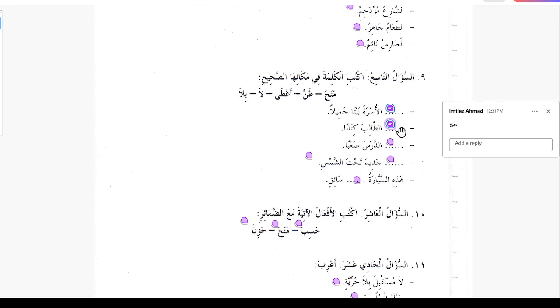Manaha is the verb that takes two maf'ul bihi. The first one is usrata and the second one is baitan. First maf'ul bihi, second maf'ul bihi, and jamilan is the sifa for bait, beautiful house.